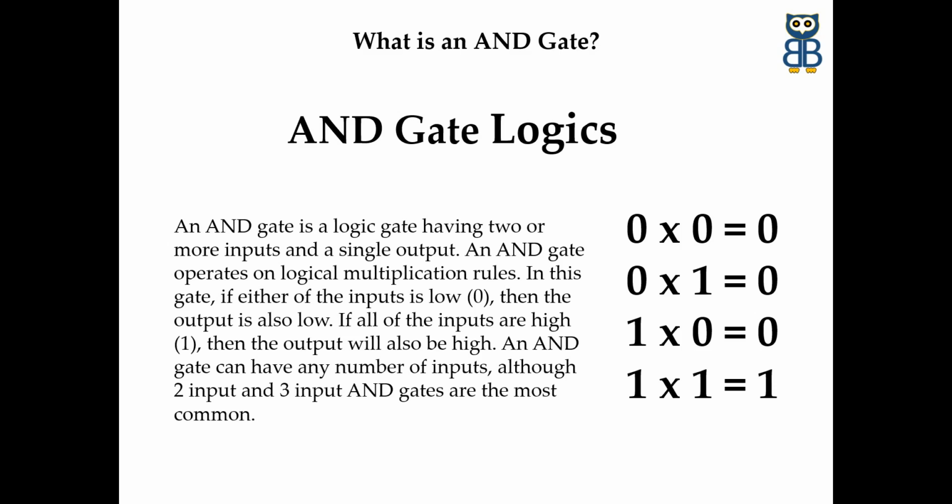To have a clear understanding, let us see how it performs corresponding to its inputs. Consider there are 2 binary inputs, 0 and 1, as the operation is based on binary multiplication. So, when 0 is multiplied by 0, or 0 by 1, or 1 by 0, the output is 0. And when 1 is multiplied by 1, the output is 1.